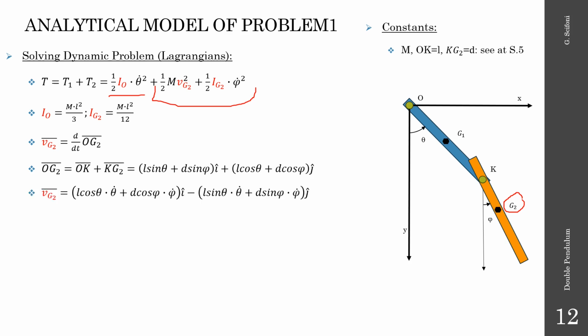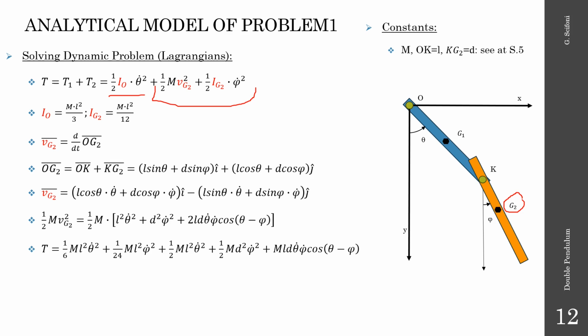Its derivative gives the velocity of the center of mass as vector. Finally, we get the translation kinetic energy of the bar 2 by multiplying 1/2 of the mass by the velocity vector square. After adjustments, the kinetic energy of the system assumes the expression displayed in red.